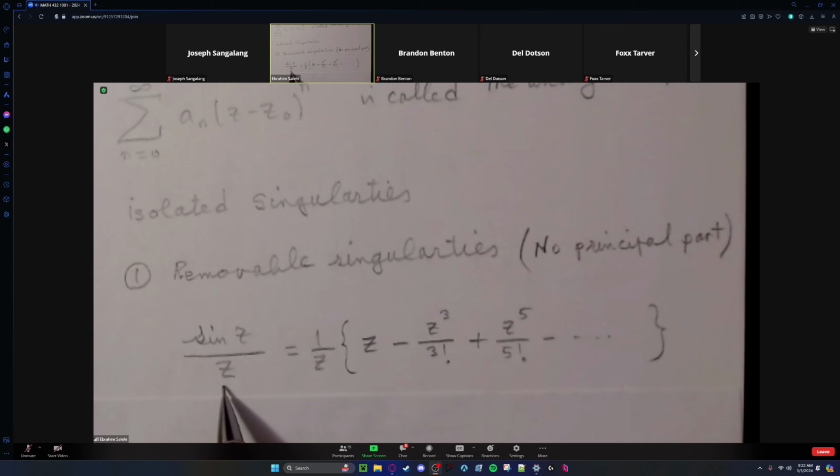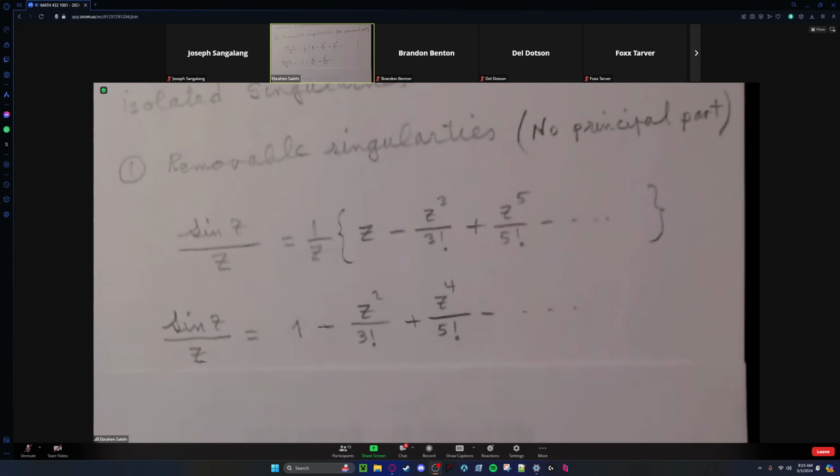Oh, z equals 0 is in the denominator, a bad point. But if you write the Laurent series centered at 0, here is 1 over z times sine z, and multiply this out. Oh, well, the negative exponent of z vanished.